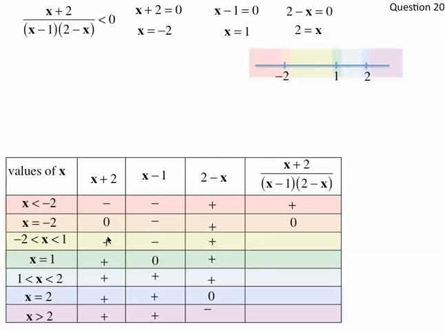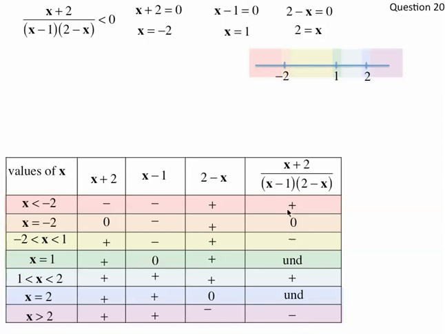Then we have positive divided by a negative times a positive, so we have one negative, it's negative. Here we have positive divided by 0. Division by 0 is undefined. Here we have positive divided by positives, which is positive. Here we have positive divided by positive times 0, so division by 0 is undefined. Here we have positive divided by positive times negative, which is negative.